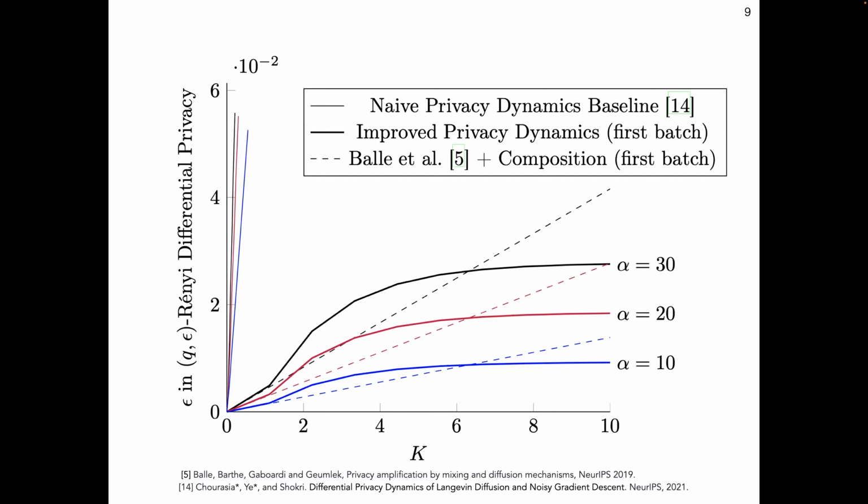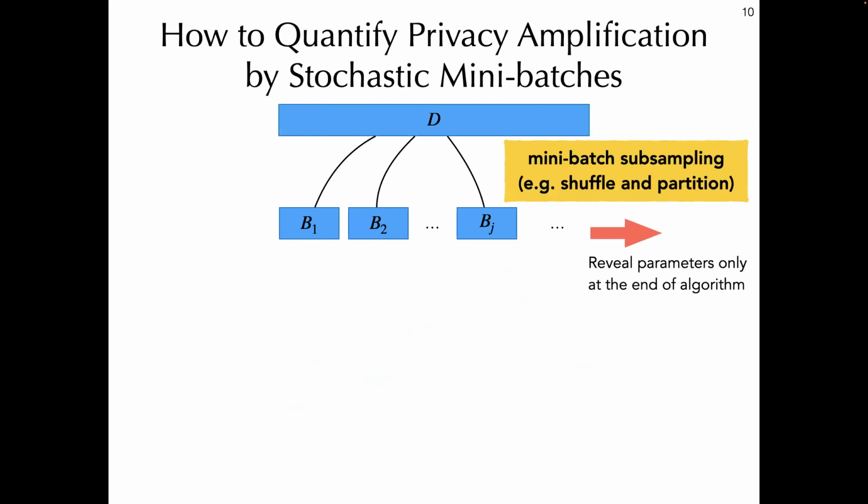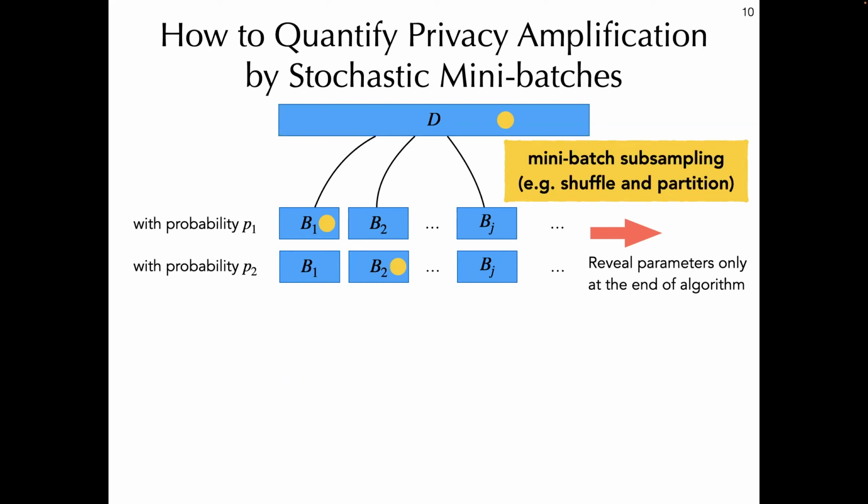So now that we have obtained a privacy bound for a fixed minibatch sequence, we then look at the second source of amplification, which comes from the minibatch sampling process. That is, there is a certain probability that the differing data point is in the first minibatch, the second minibatch, and so on and so forth.